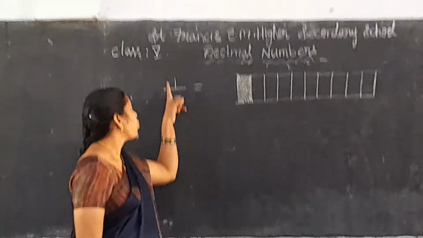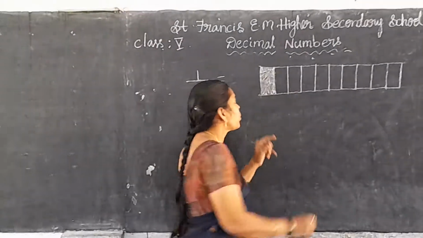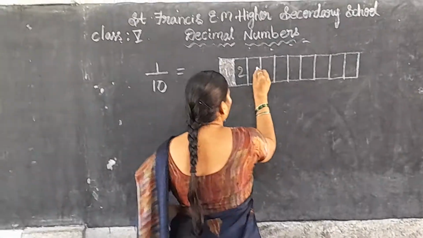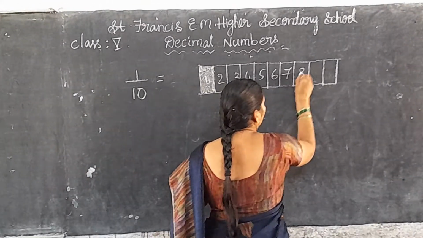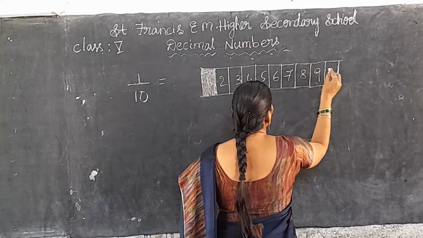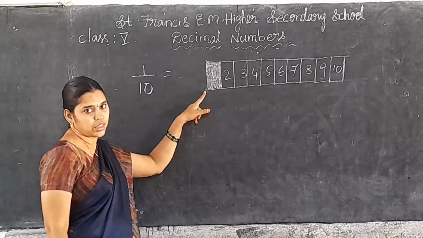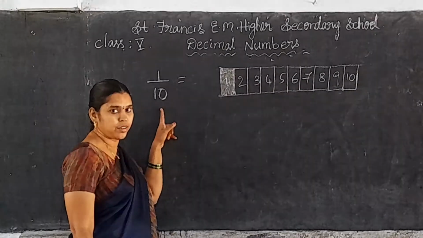See children, 1 by 10 means what is the meaning? See, total 10 parts. See, 1, 2, 3, 4, 5, 6, 7, 8, 9 and 10. Out of 10 parts, 1 is shaded. You know that in fractions. That is the value of 1 by 10.